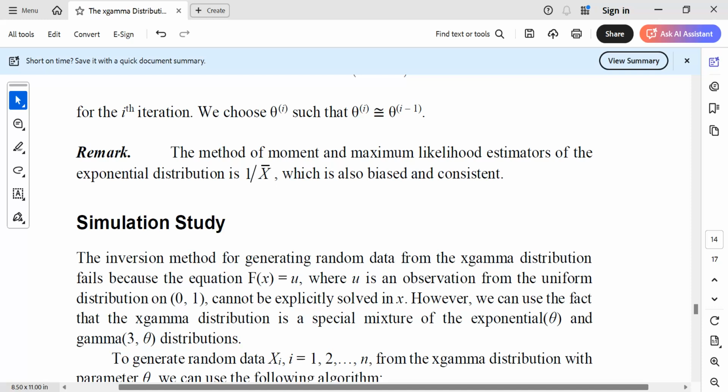That's the concept they are using over here. So F of x is equal to, we were using p, they are saying u, where u is an observation from the uniform distribution. But in this case, it will not work. That's what they are saying. And why is it so? You can go and check the density.